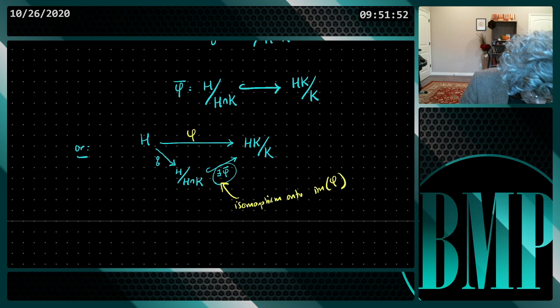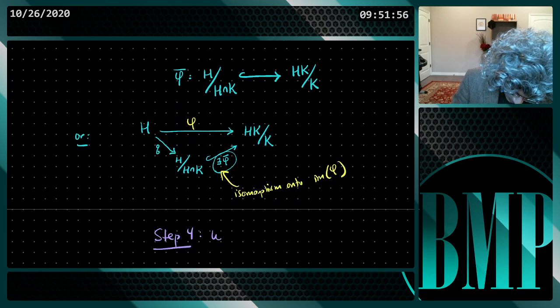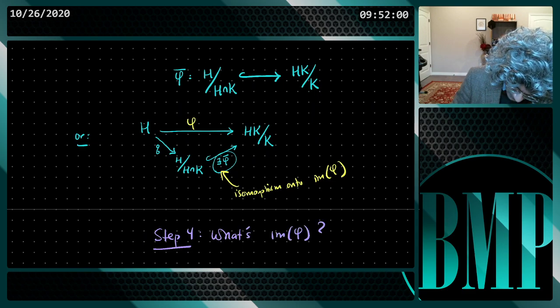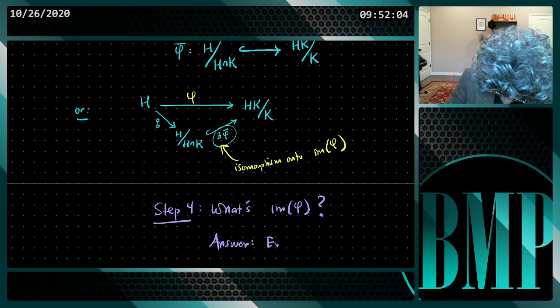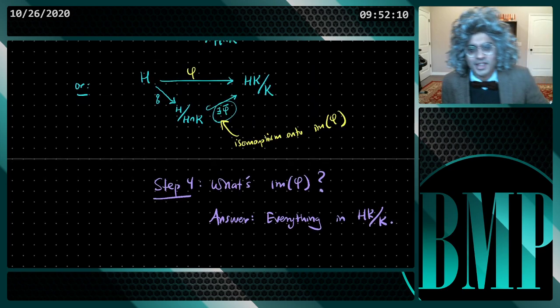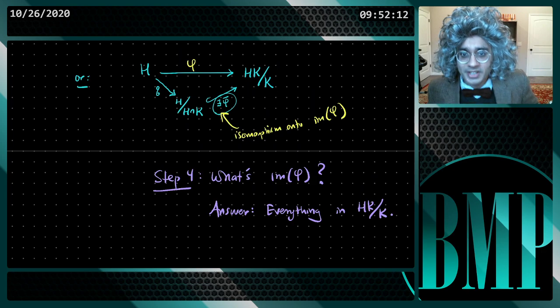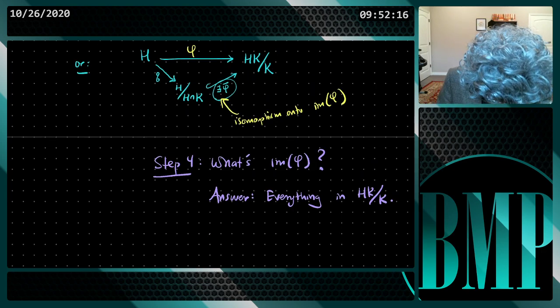Okay, so step 4. Just a last step. What's the image? The answer is everything. Because after all, what is an arbitrary element of HK mod K?